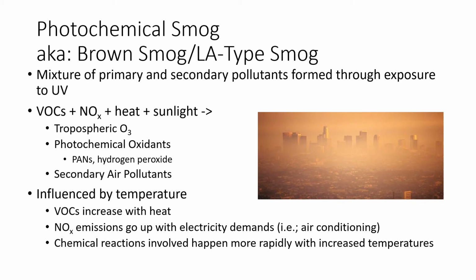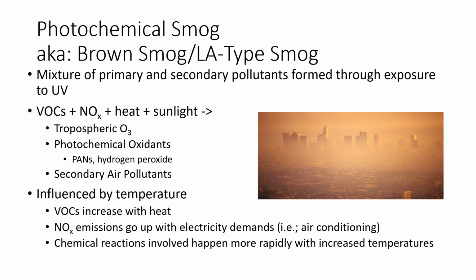It's highly influenced by temperature. The hotter it is, VOCs are going to evaporate more, so you have more in the air. With electricity demands, you have an increase in NOx emissions, and chemical reactions happen more readily with increased temperatures. So if it's hot, you're more likely to get photochemical smog.